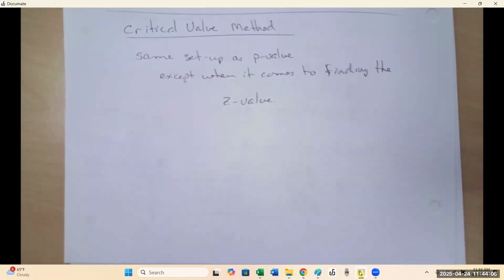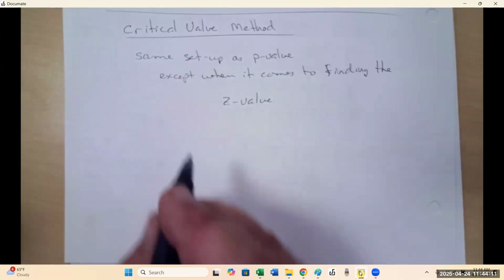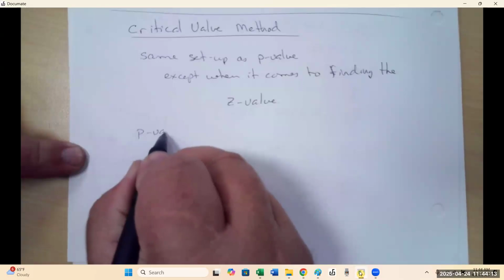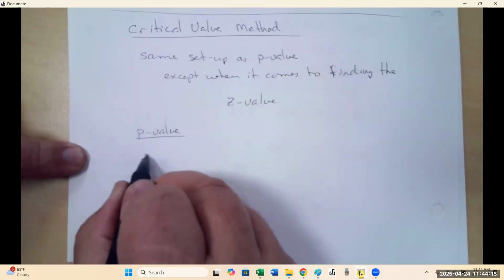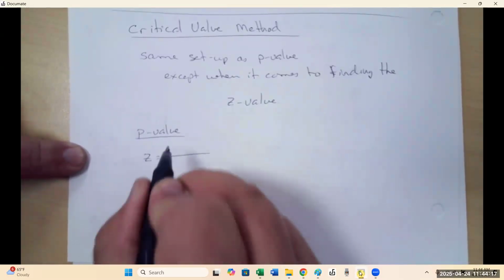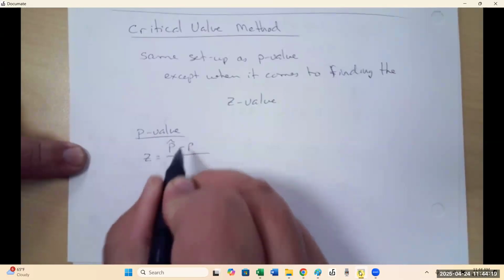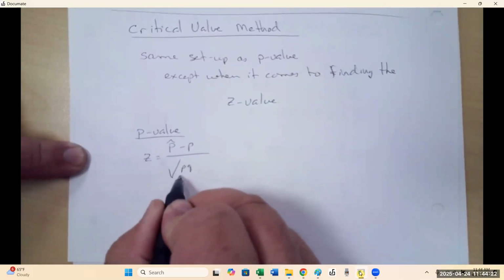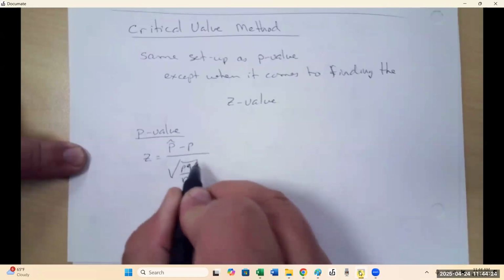Everything else is pretty much the same, because in the p-value method we found z with that formula.